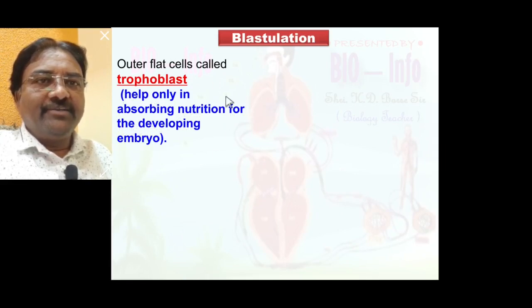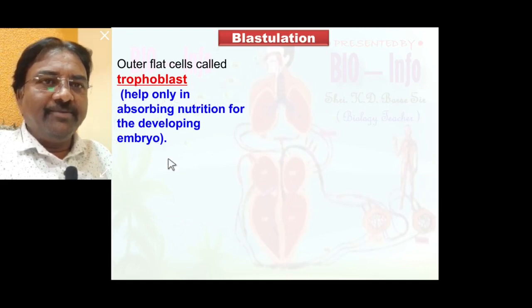So the function of trophoblasts to note here: absorb nutrition for the developing embryo.